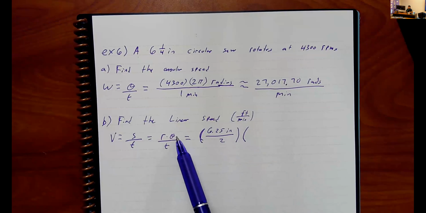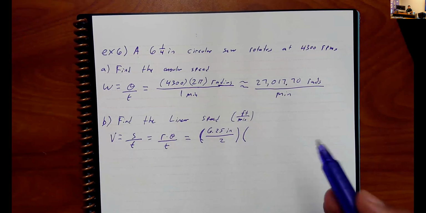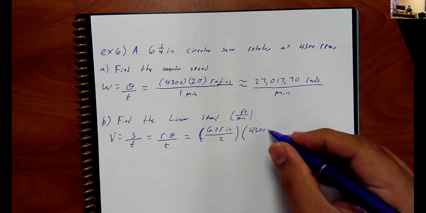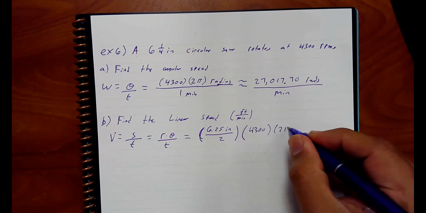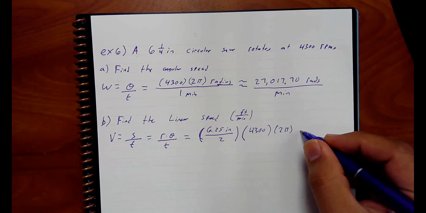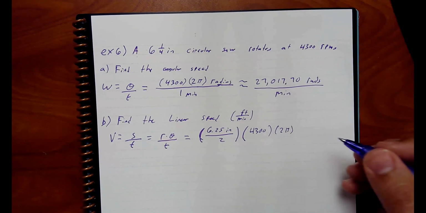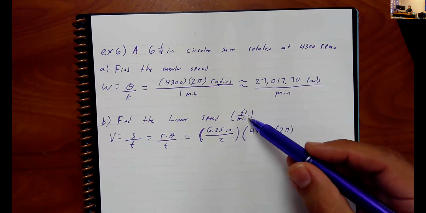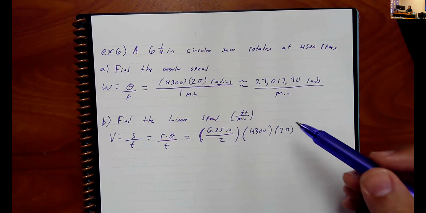Okay, assume yes. Theta, 4,300 times 2 pi, right? So we did that a second ago. Okay. I think they tell us in the question they want it in feet per minute. I forget, but I'm pretty sure that's right.